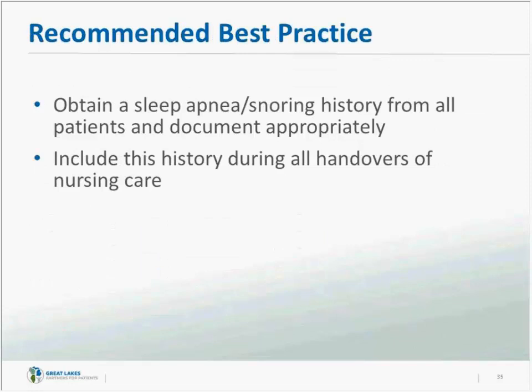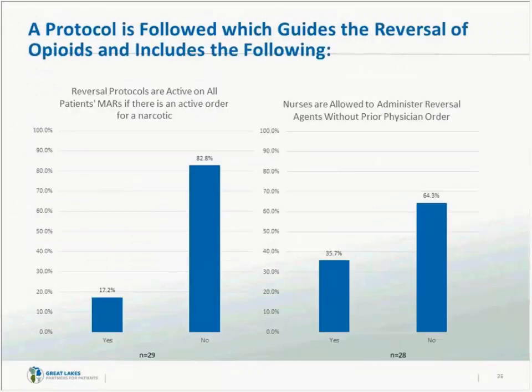And we just talked through all of those best practices. Next one, a protocol is followed which guides the reversal of opioids and includes the following. On the left, that a reversal protocol is active in all patient MARs, and on the right, that nurses are allowed to administer that reversal without needing to have a physician order it right then and there. So in other words, if a patient is receiving an opioid or a benzodiazepine, is there an active order for Narcan or for flumazenil that a nurse can administer based on that standing order?